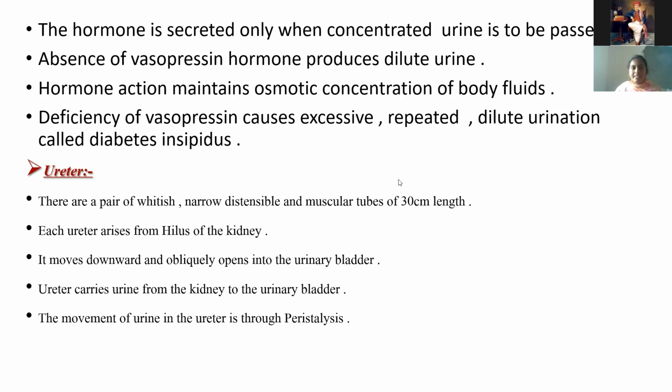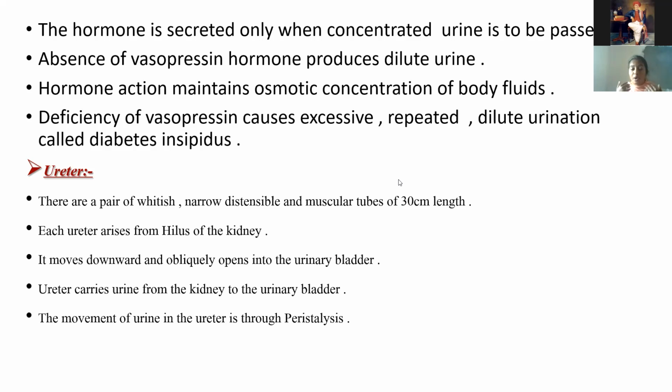That means the hormone maintains the osmotic concentration of the body fluids. The deficiency of vasopressin causes excessive, repeated, dilute urination.